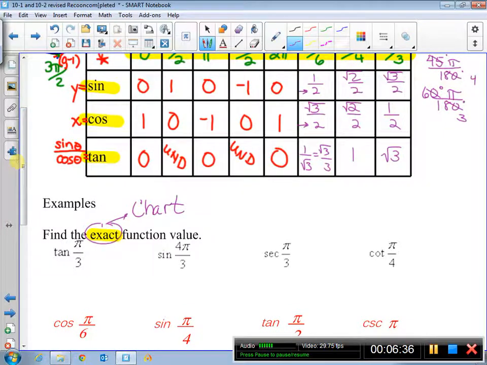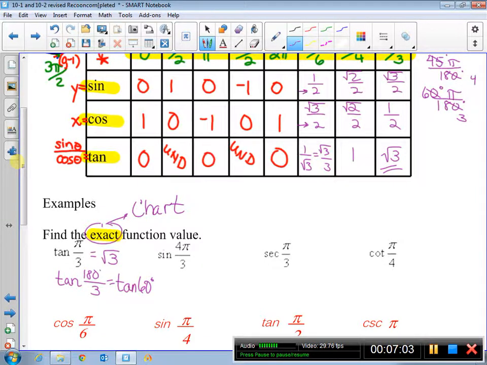Tangent of pi over 3, right here, is the square root of 3. If you avoid your radians and you convert this, then you'll see you have 180 degrees over 3. So it's the tangent of 60 degrees, and use your old chart, still radical 3.